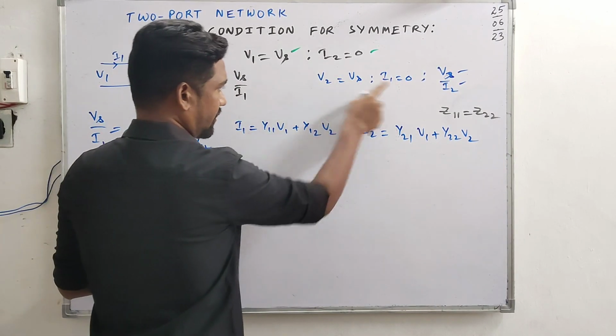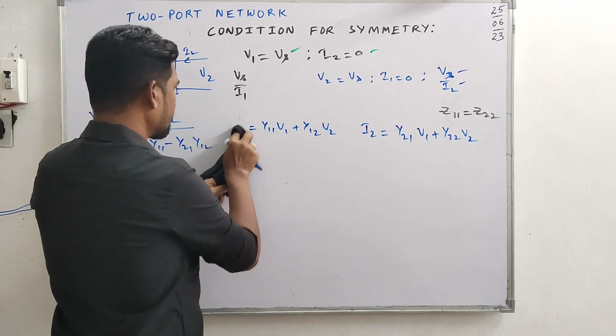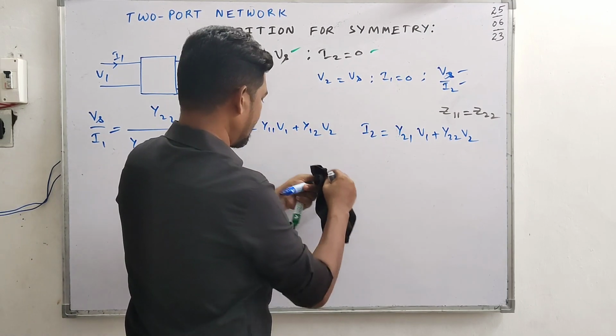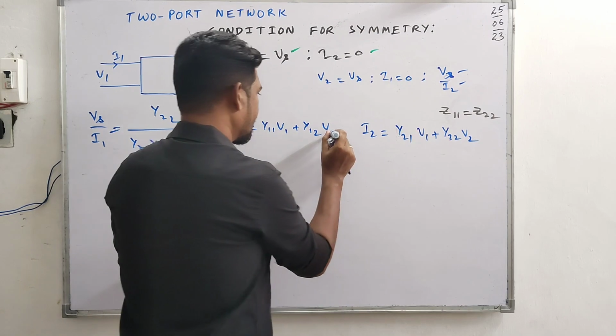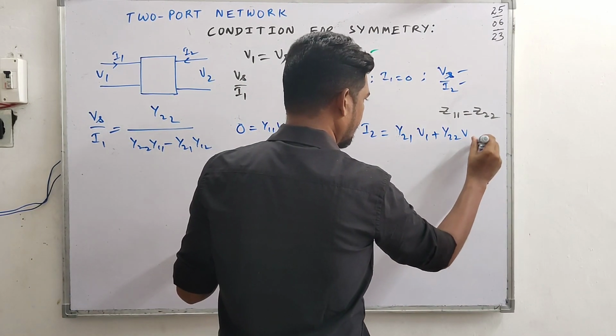For this condition we have I1 equal to 0 and V2 equal to Vs, so V2 is no more V2, it will be Vs.